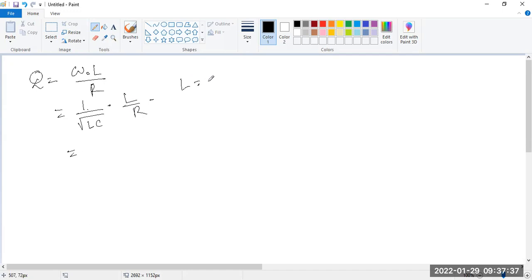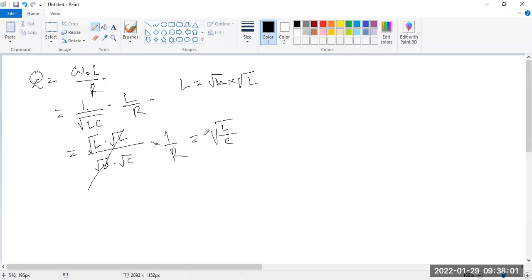This L means root L into root L. So I can divide it: root L into root L, here it is root L into root C into 1 by R. So one root L cuts down. It becomes root L under root C, and this is 1 by R. So in this way, we can also represent the quality factor.